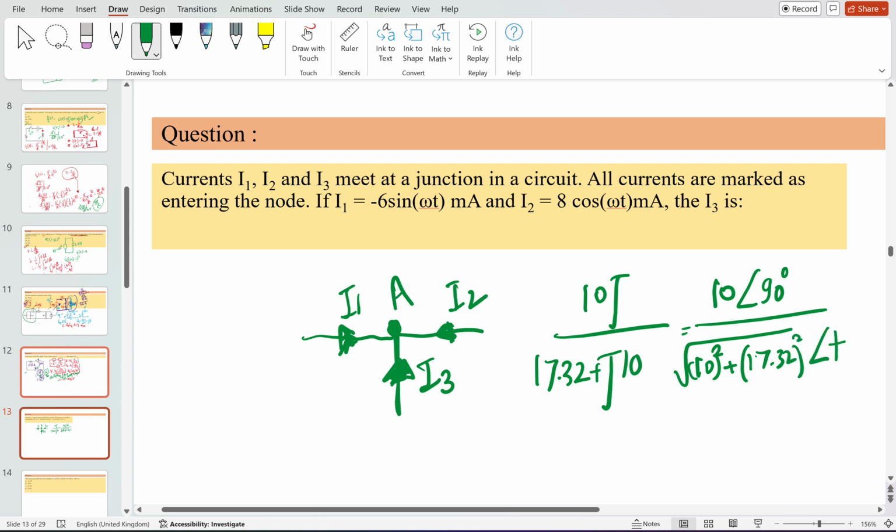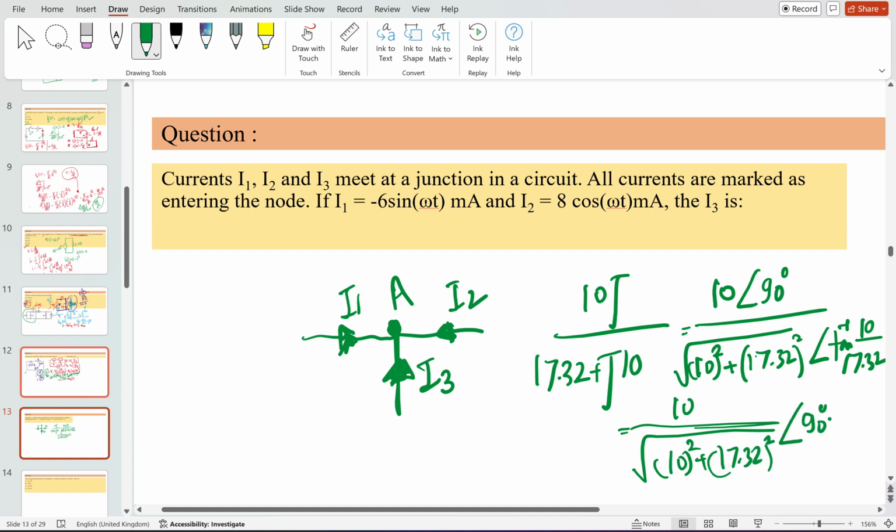What will be the angle? Simply tan inverse 10 divided by 17.32. So the overall magnitude will come out to be 10 divided by root of 10 square plus 17.32 square, and angle will be 90 degree minus tan inverse 10 divided by 17.32.